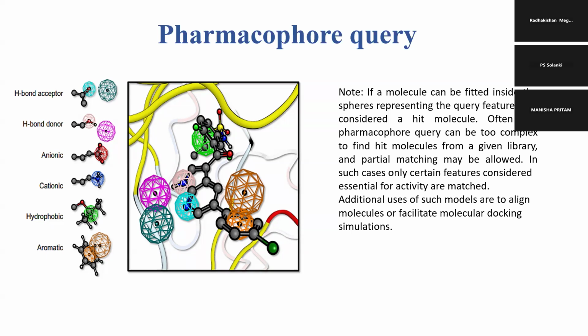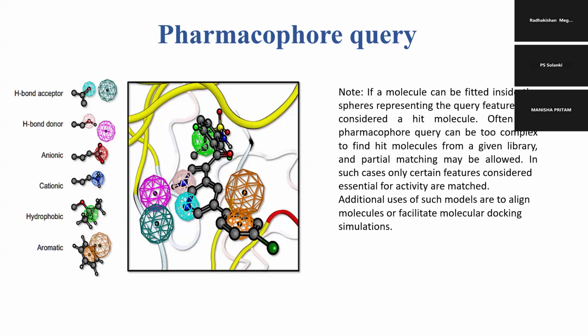We have to generate certain queries, like which part of the molecule is interacting with the receptor. For example, if hydrogen bond acceptor is interacting with the receptor, this could be our main feature. Based on that, we can reduce the number of features for generating our query.